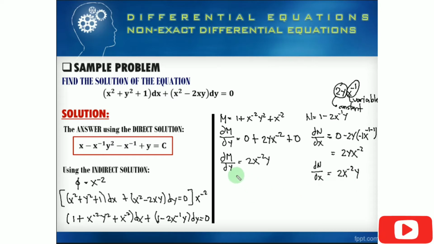So by this, our partial derivative of m with respect to y is equal to the partial derivative of n with respect to x. So this is already an exact differential equation.